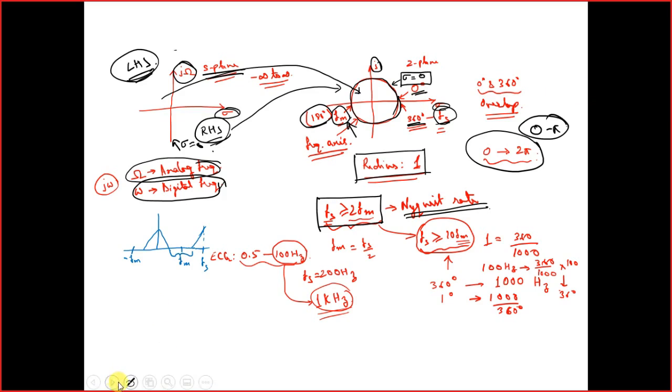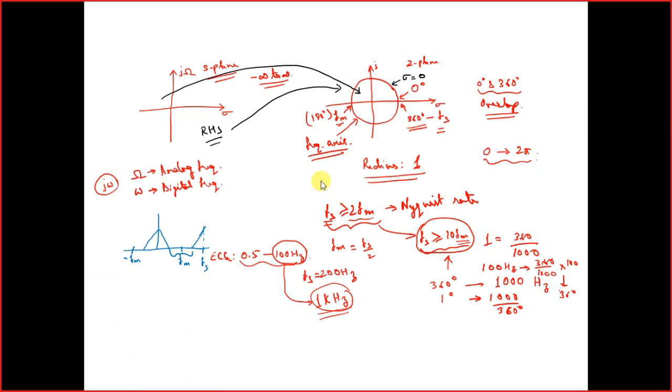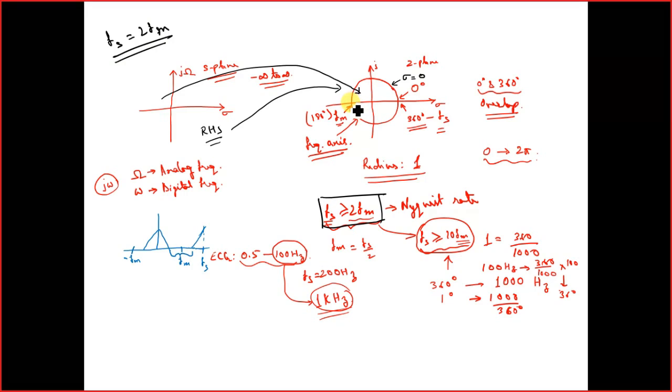Now there are some aspects. In our previous class we have also discussed that if we work in the lower limit of the Nyquist rate, that is when fs is equal to 2 of fm, then we will have the fm component of the signal at pi, okay.